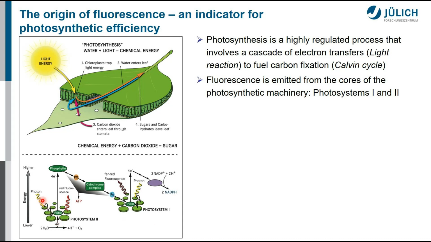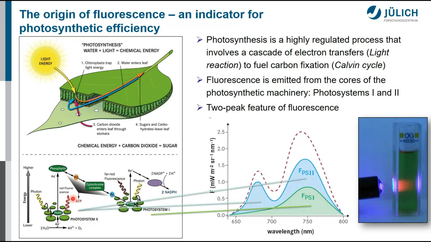And why I point this out: during this absorption of light in the pigments of the photosynthetic apparatus, a weak red light is also emitted from these core elements where light is absorbed for the first time. And this red light is the so-called fluorescence light, which you can now also see in the other slide.